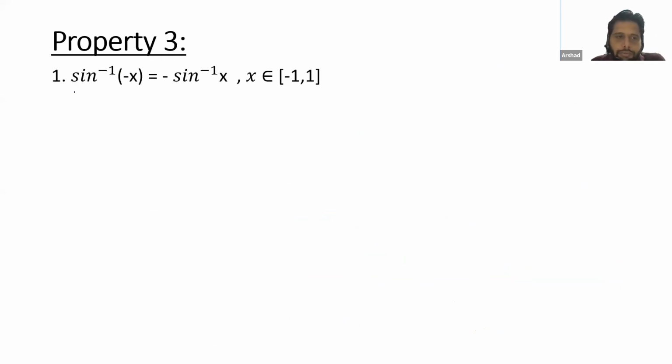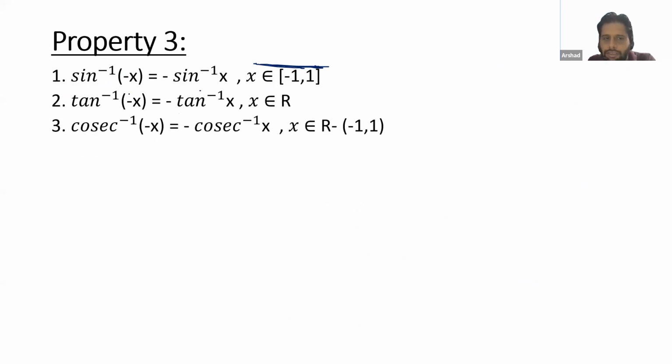Okay, next property. Please check here. The property is sine inverse of minus x is equal to minus sine inverse x. And this you need to remember. Okay, that x should belong to -1 to 1. The domain should be -1 to 1. Okay, we will do the proof of this. So sine inverse, tan inverse, cosec inverse, these three formulas are same: minus sine inverse, minus tan inverse, minus cosec inverse.